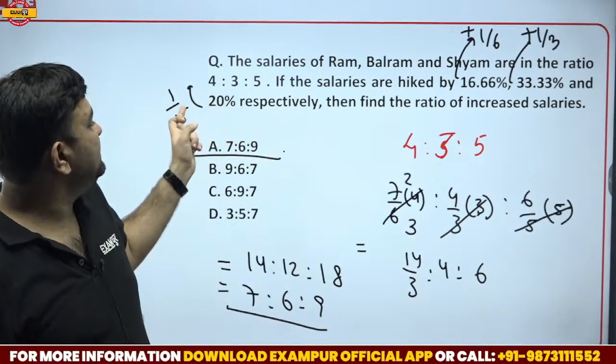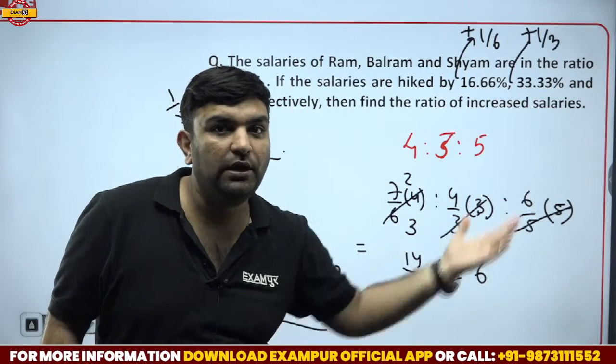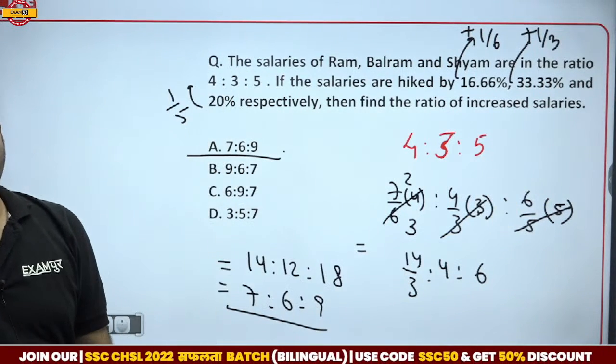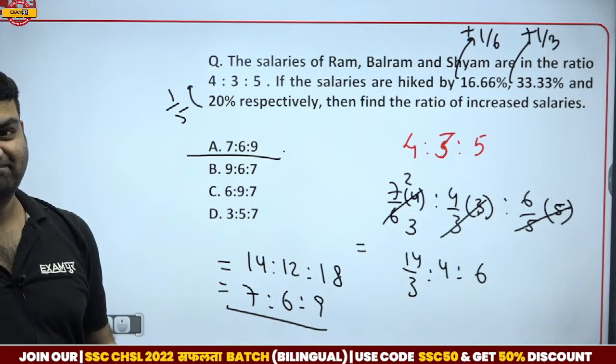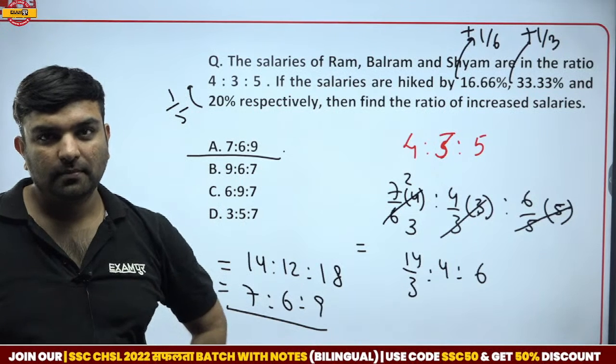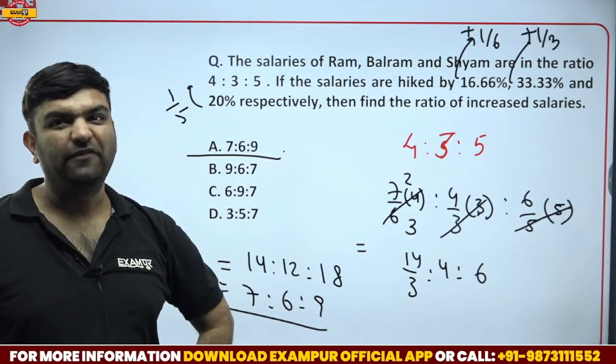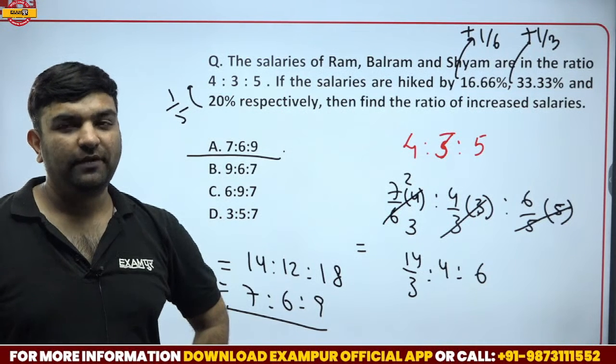If something is increasing by 1/5, this means it is becoming 6/5 of the previous value. Perfect.